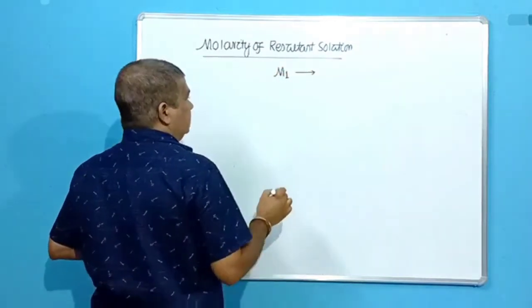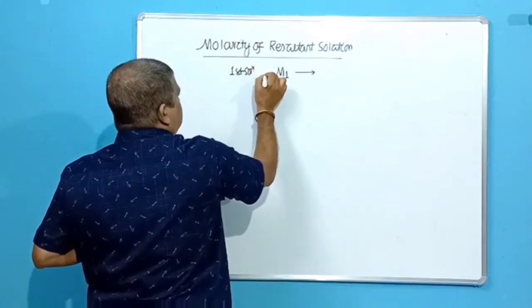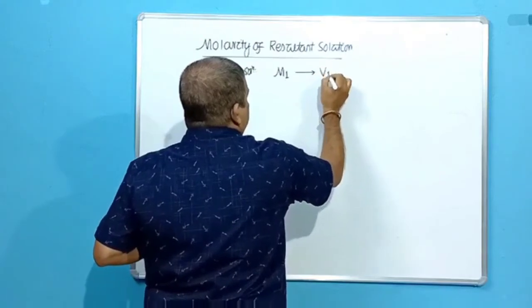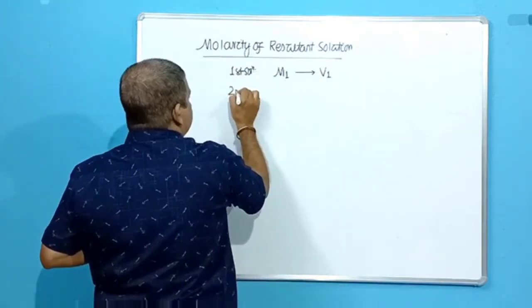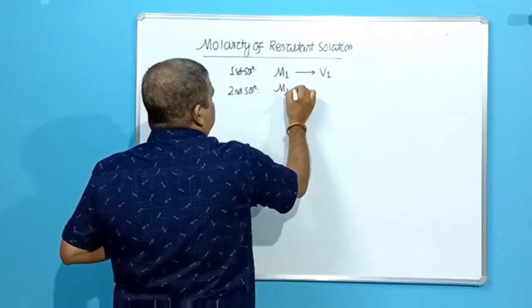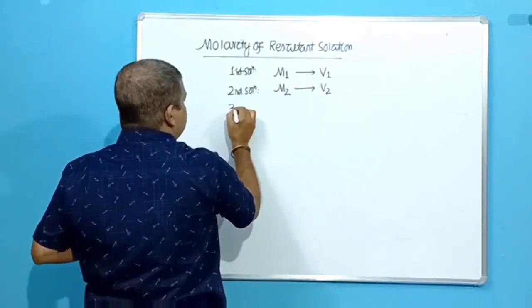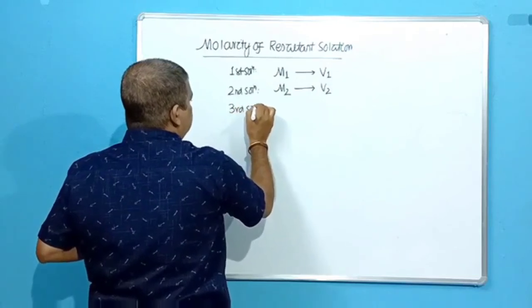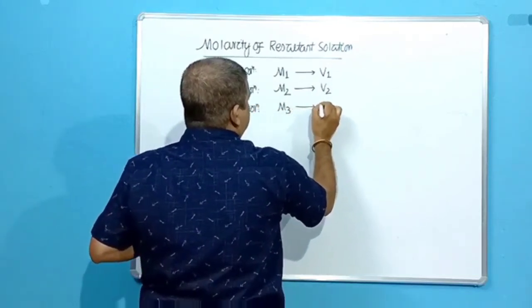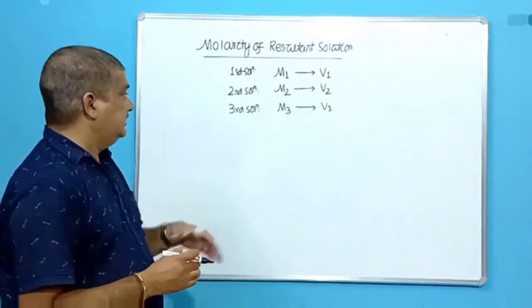The first solution has molarity M1 and volume V1. Similarly, the second solution has molarity M2, volume V2. Then the third solution has molarity M3, volume V3. Like this we can take any number of solutions.